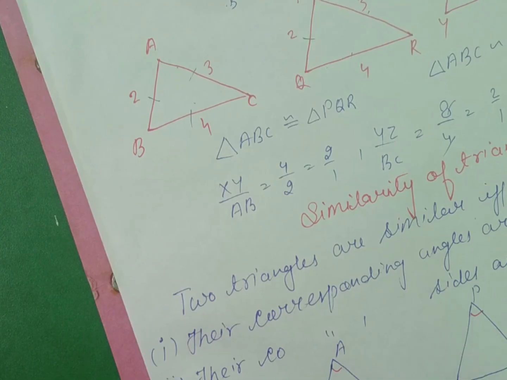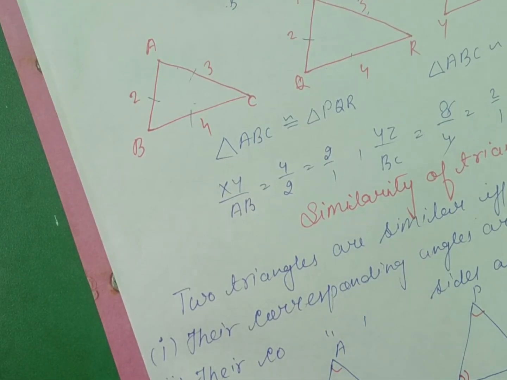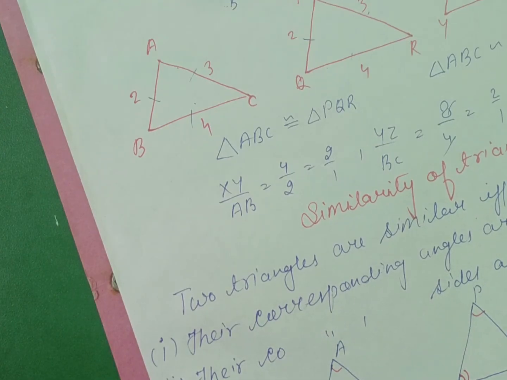Angle B is equal to angle Q. We can write it as angle ABC is equal to angle PQR. Angle C is equal to angle R. We can write it as angle ACB is equal to angle PRQ. These three angles are equal.